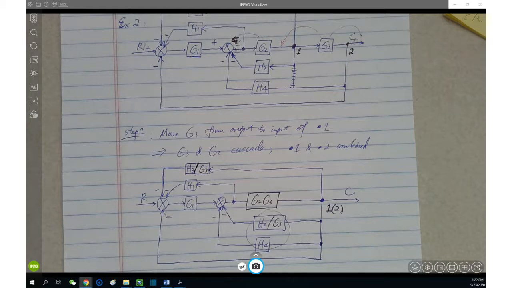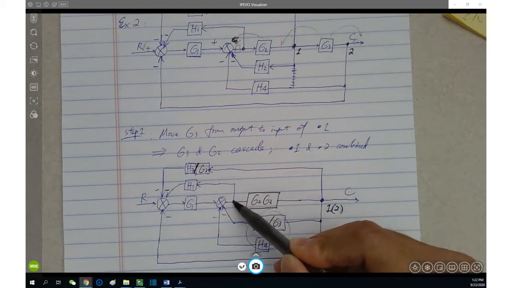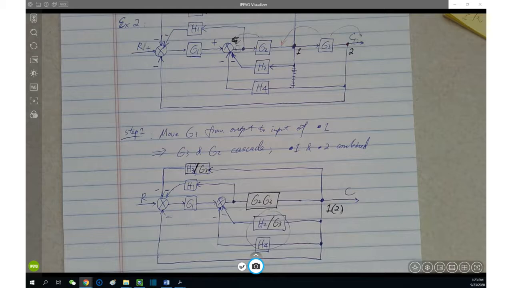Both sound reasonable. One idea John proposed is moving G2 and G3 over this guy, from the output end to the input end, so that you can combine this pickoff point with this pickoff point. No problem. Or he said, how about we move G1 over this summing junction to here, so that I'm able to combine this one and this one.